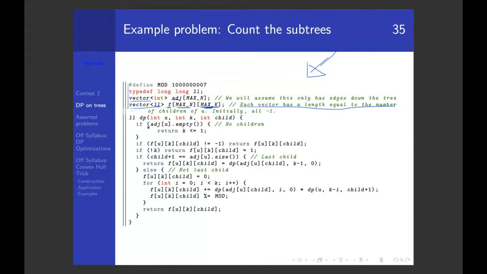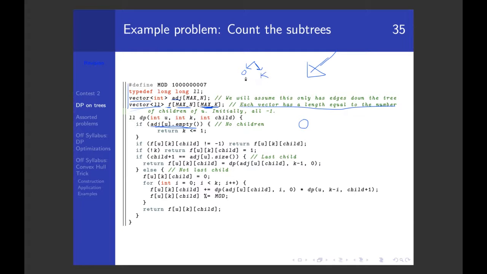Our DP says, base case number 1: we have no children. Then the answer is true if we've got a subtree of size 0. We say there's one way to do a subtree of size 0, because that base case is what works. Let's say at some root, we want to give 0 nodes here and all k nodes here.